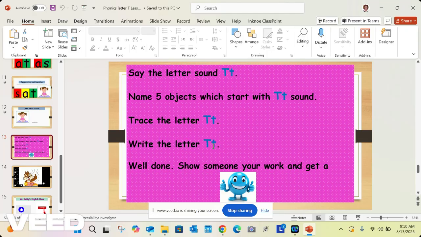Without copying, without tracing, your independent writing. Yes. So that's it. Well done. Can you show someone your work and get a thumbs up? A thumbs up. Well done. I'm so proud of you.